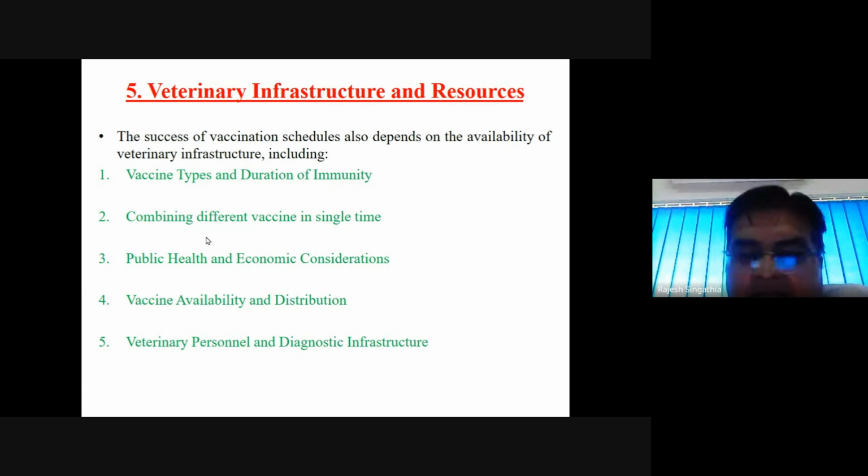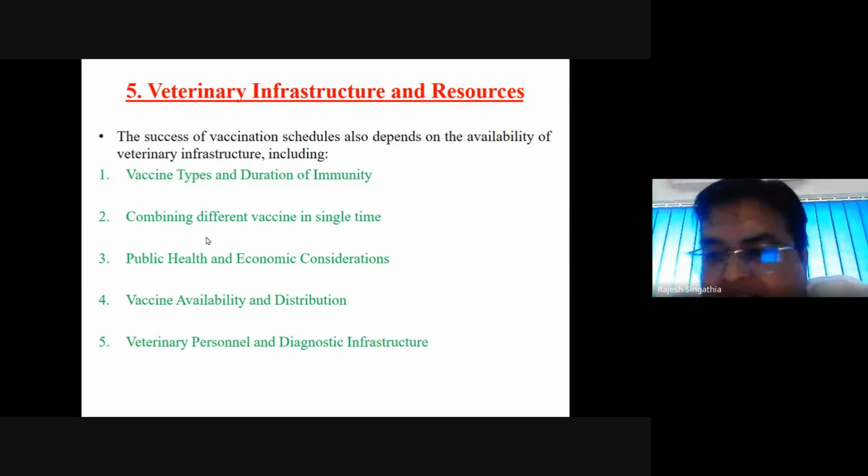There are some economic constraints, especially in rural areas, and that influences vaccine accessibility. So there are programs like NADCP, National Animal Disease Control Program. They aim to make the vaccine more accessible to farmers and reduce the financial burden of the disease.